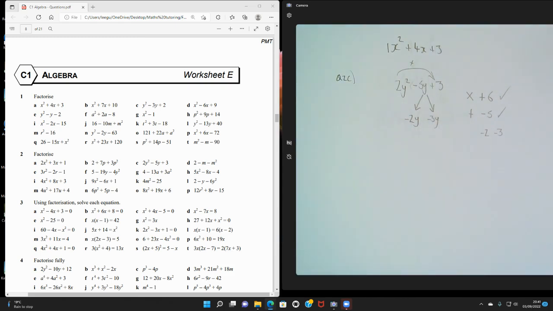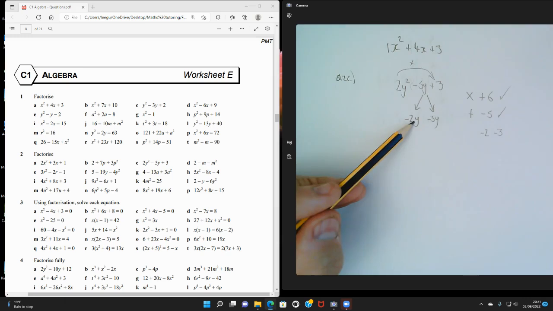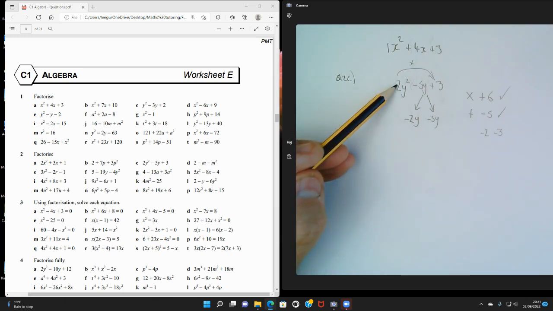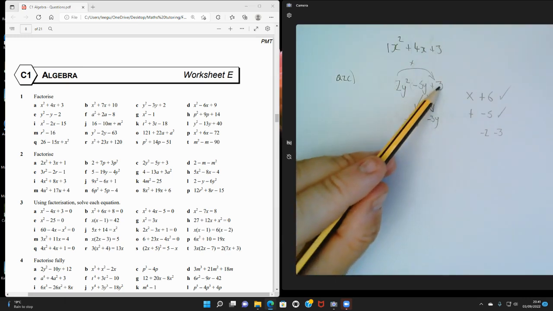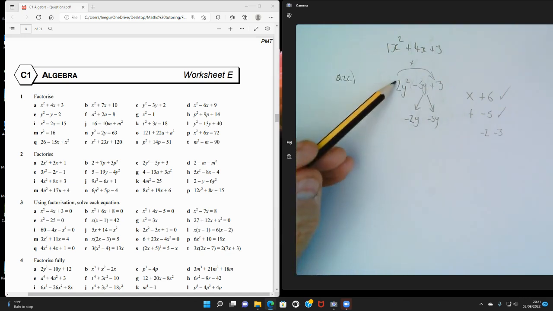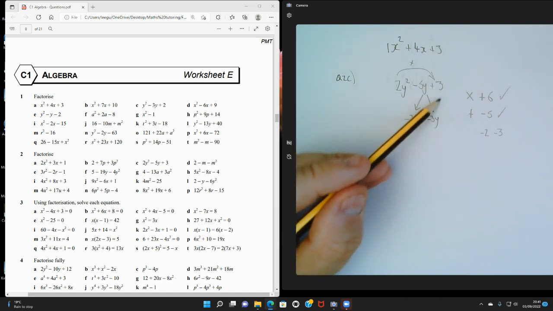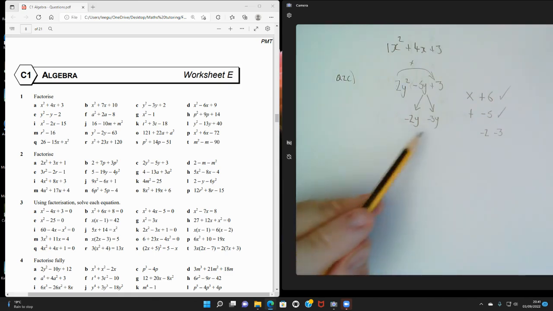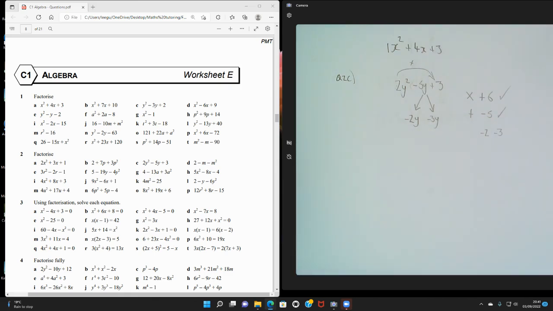The answer is it doesn't matter. I've put the 2 there just because it matches the 2 here, and I've put the 3 here because it matches this 3, so I know I've got a common factor of 2 and a common factor of 3. But it still would have worked if I'd put them the other way around. I'll show you that in a moment.